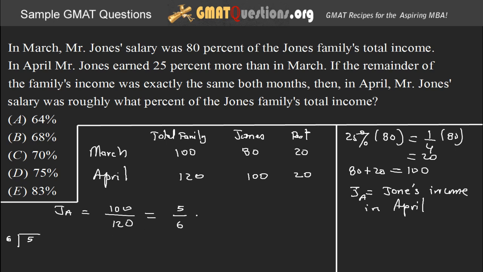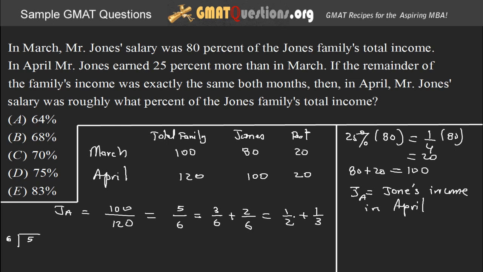I like to play a trick with this. What I do personally is 5 over 6 is going to be 3 over 6 plus 2 over 6. Why? 3 plus 2 is 5. But I do know 3 over 6 easily. 3 over 6 is just 1/2. 2 over 6 is 1/3. Now, these are fractions.